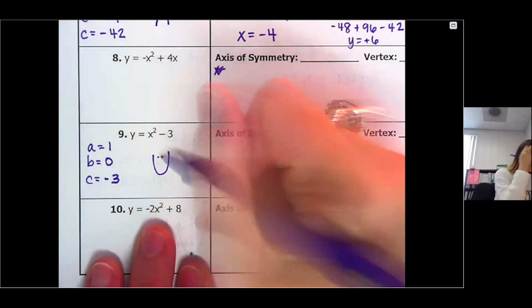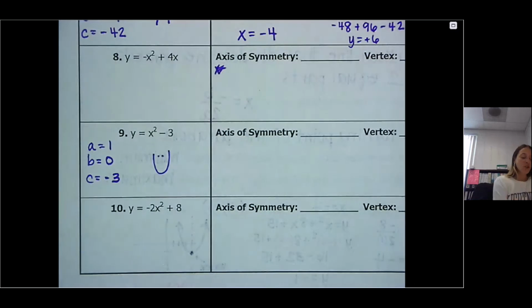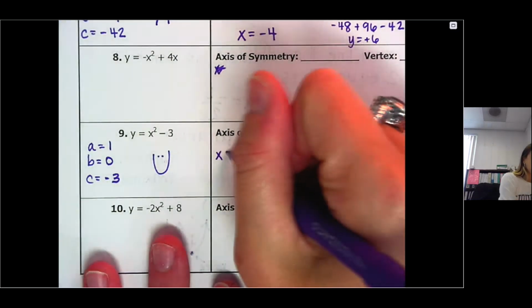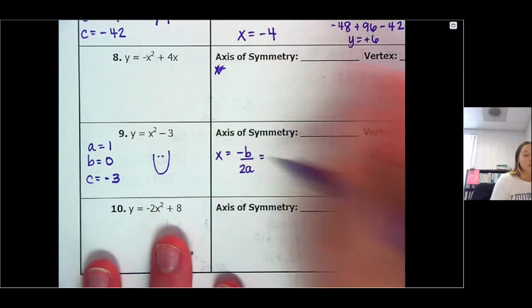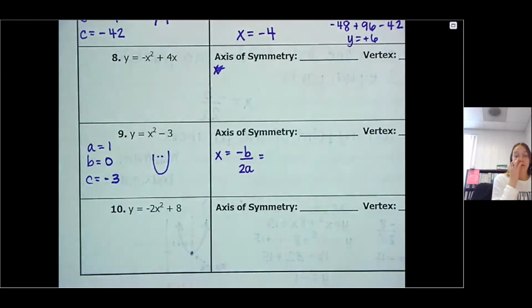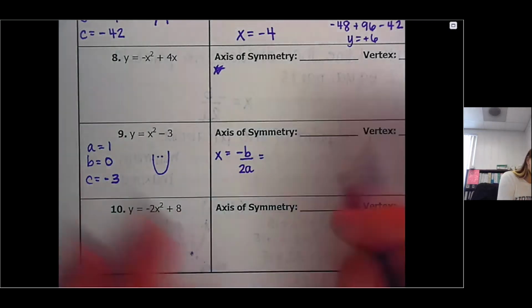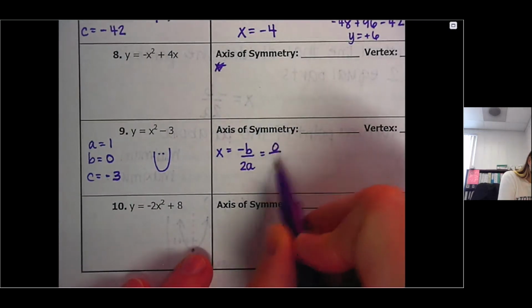Let's do that axis of symmetry. Negative b over 2a. So how would we do that? What would you plug in for b? 0. 0 divided by 2 times your a value, which is 1.